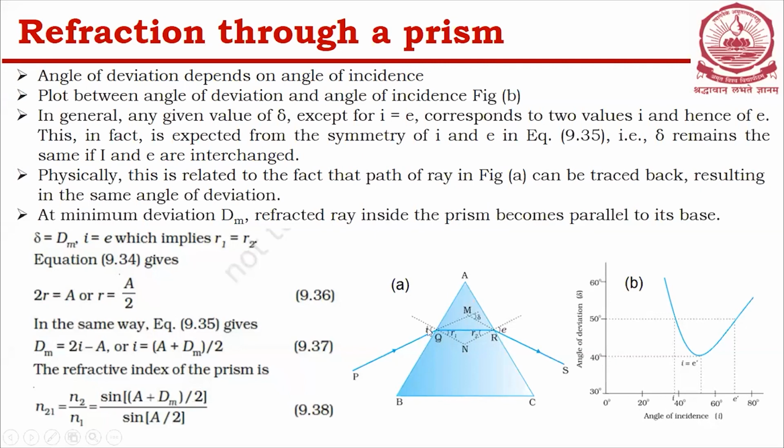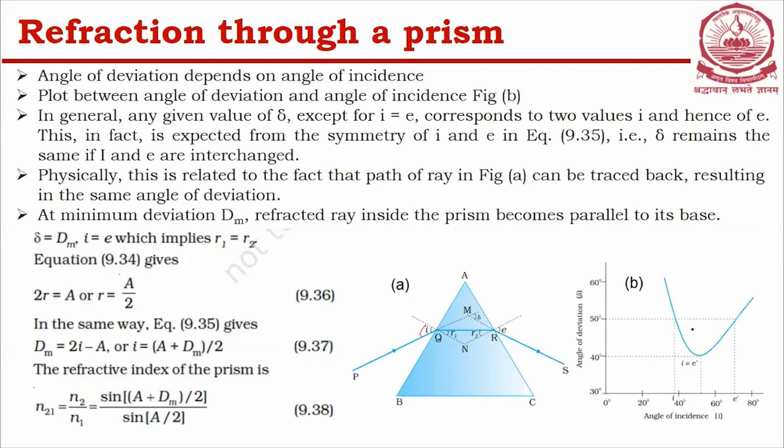For each I, you get the angle of deviation delta from the relation, and you draw a graph. This graph will appear like this.